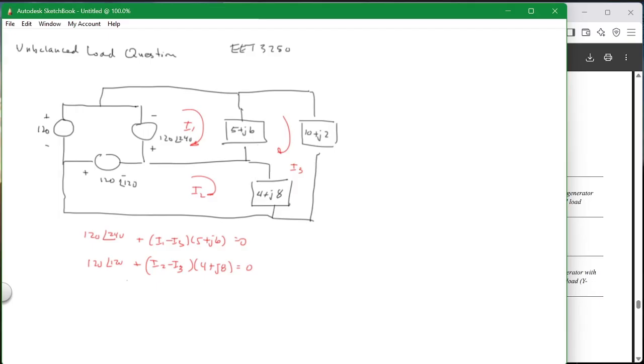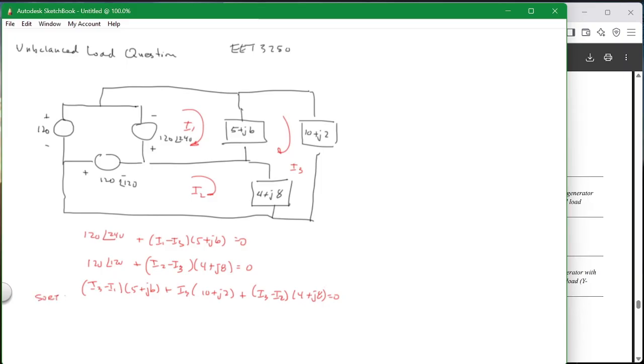So it's I3 minus I1, parenthesis, 5 plus J6, plus I3 times 10 plus J2, plus I3 minus I2 times 4 plus J8, okay? Equals 0. Now what do you do next?